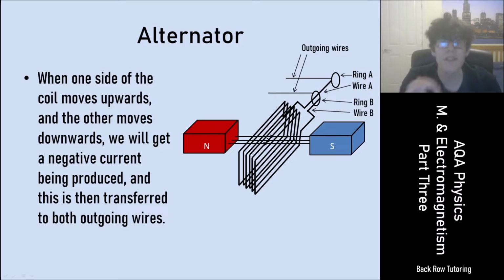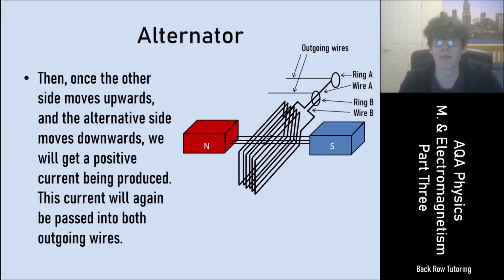When one side of the coil moves upwards and the other moves downwards, we will get a negative current being produced. And this is then transferred to both of the outgoing wires. Alright? So when one moves up and one moves down, we're going to have a negative potential. Then, once the other side moves upwards and the alternative side moves downwards, we will get a positive current being produced.